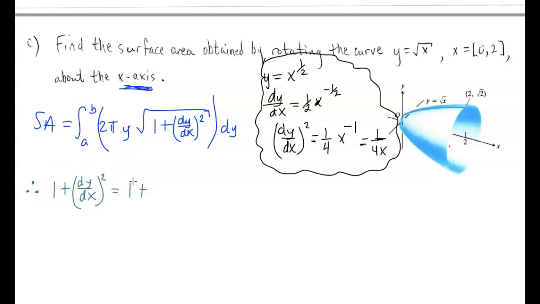This is 1 plus our 1 divided by 4x. We could look at this 1 as 4x over 4x, so this would be 4x plus 1 all over 4x.